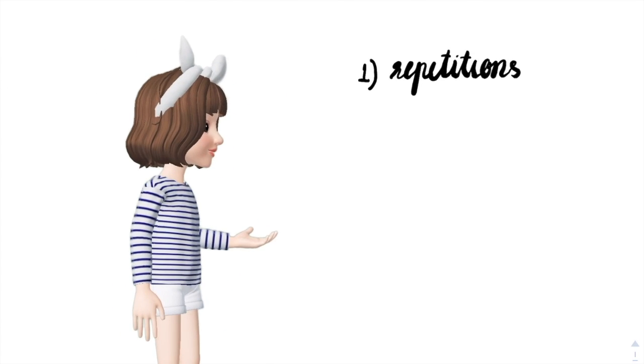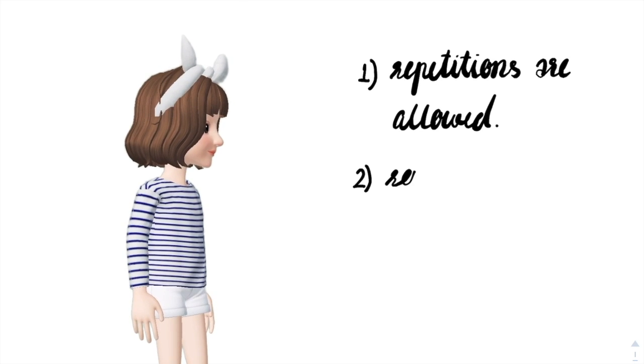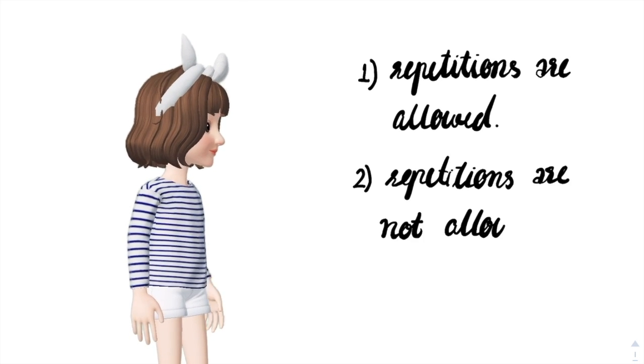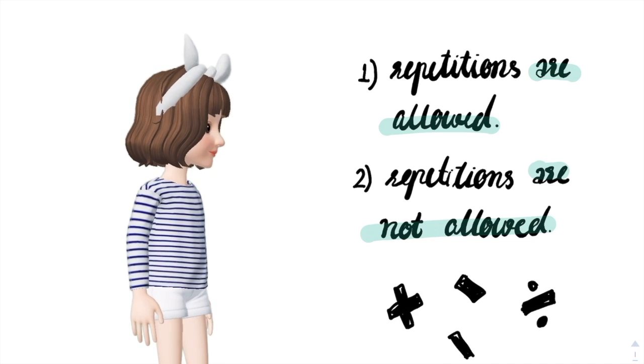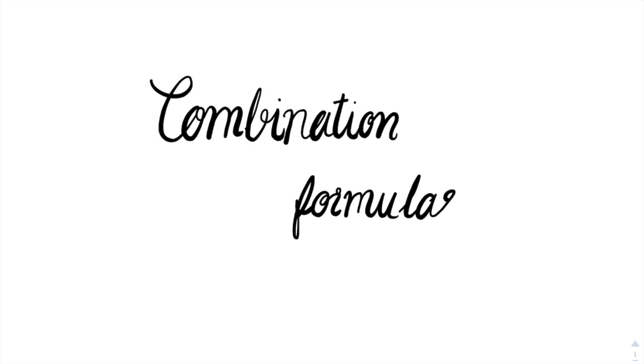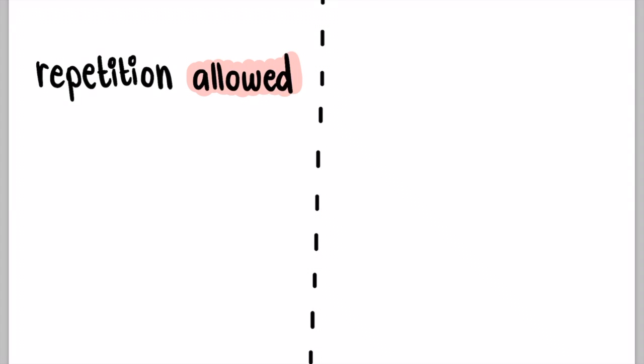There are 2 types of combination, which are repetition allowed and repetition not allowed. If repetition is allowed, we use this formula.